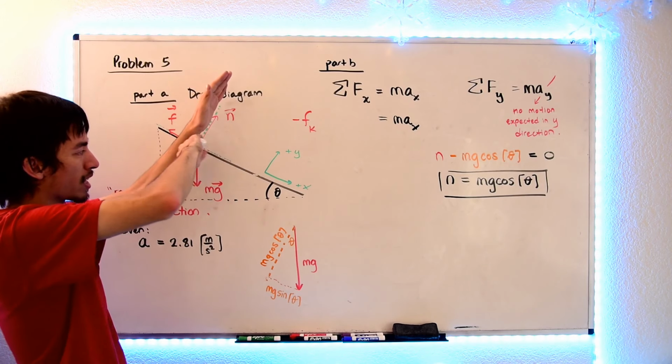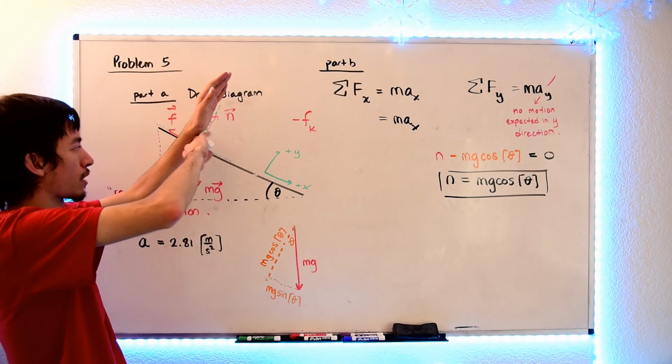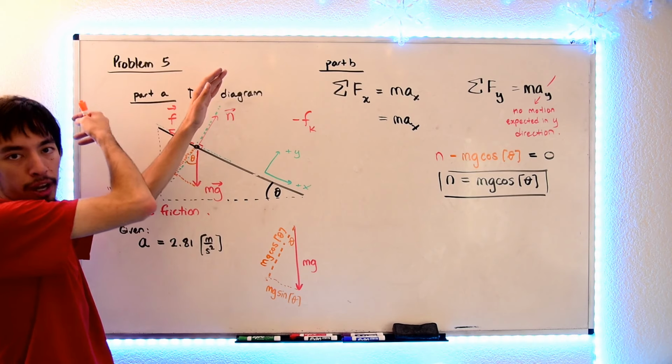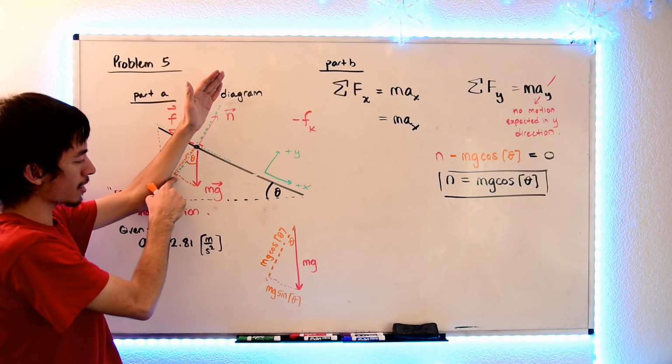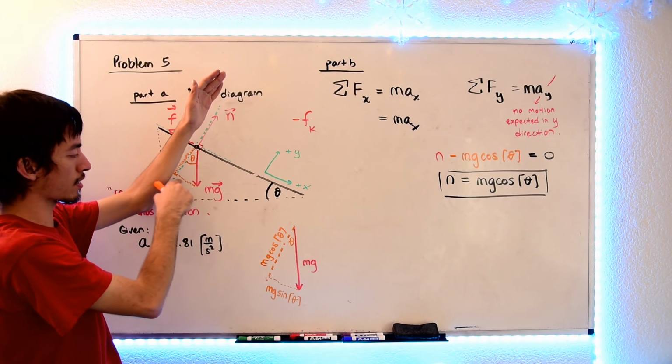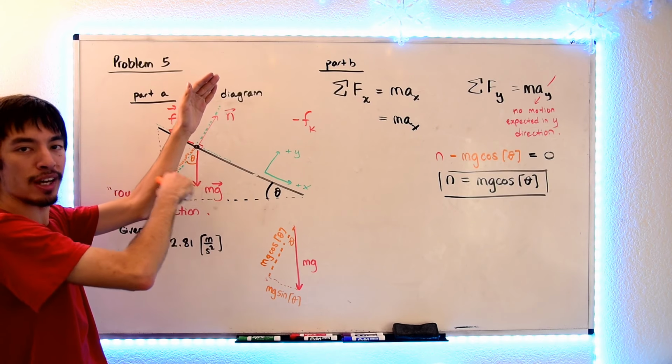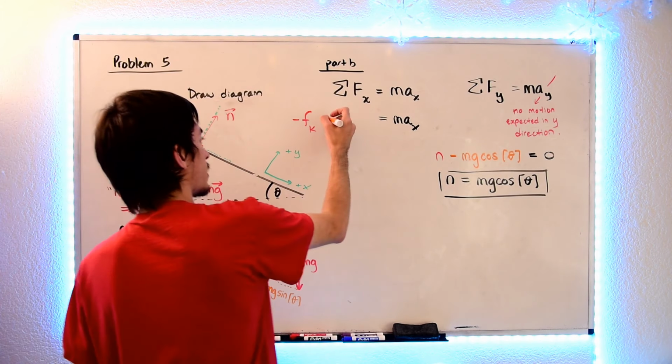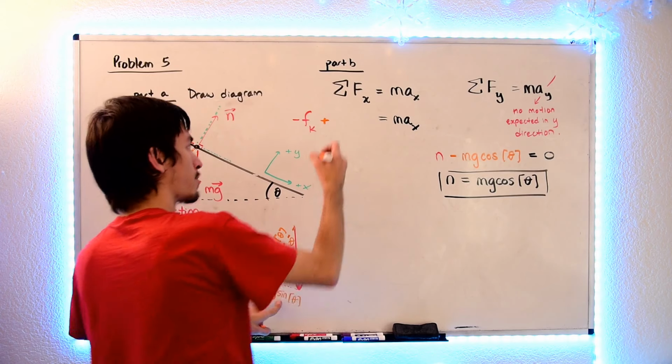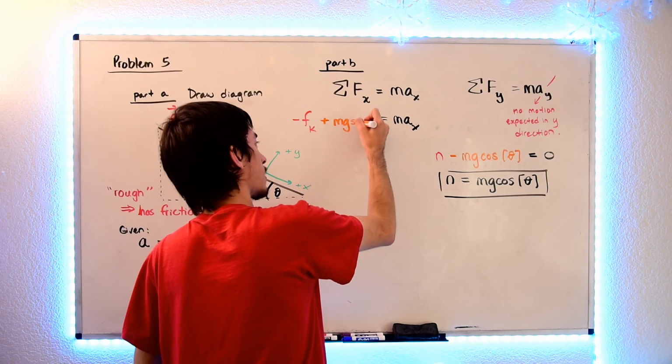So being to the right of this axis makes it positive in the x direction, and this makes it negative in the other direction. So because the x component goes to the right of this axis, it's in the positive x territory. So we should know that it's plus mg sine theta.